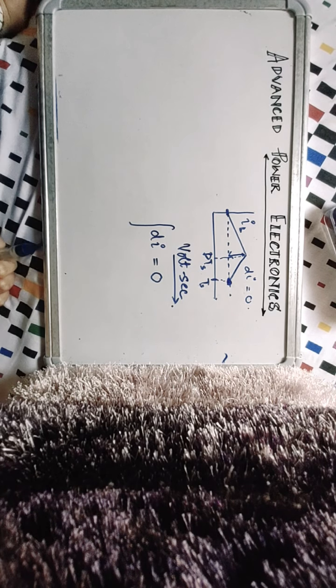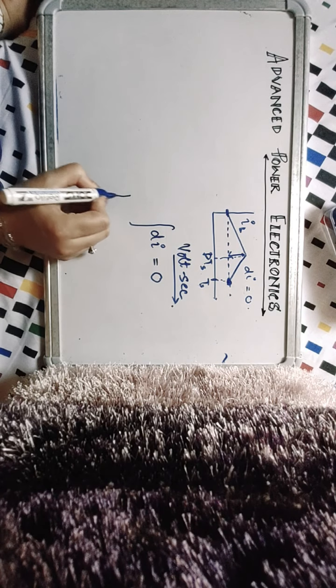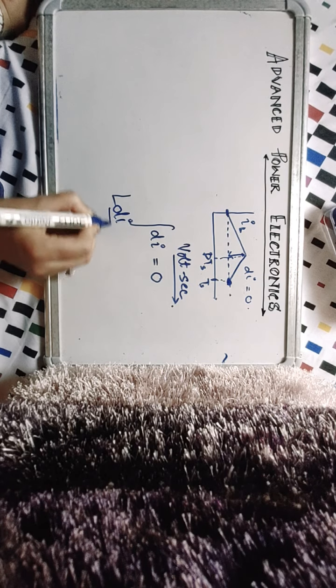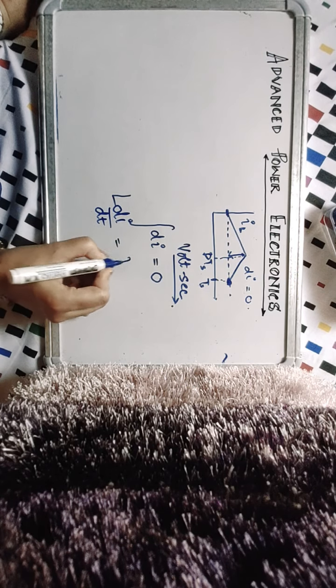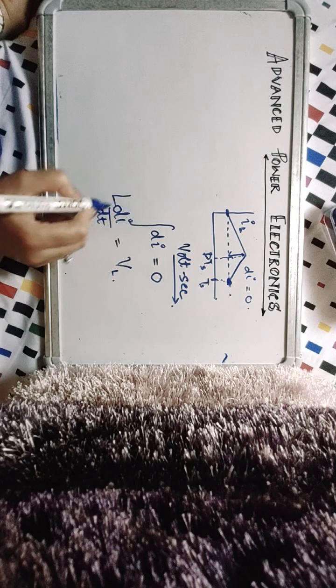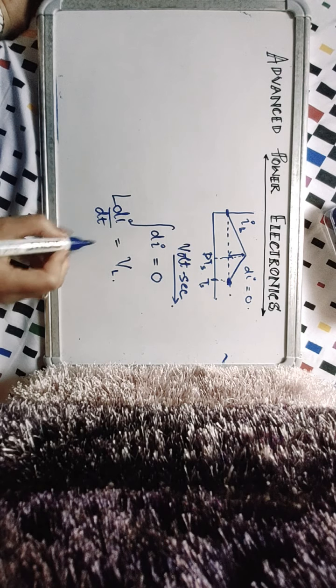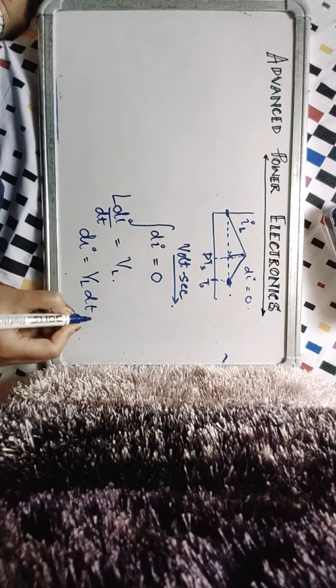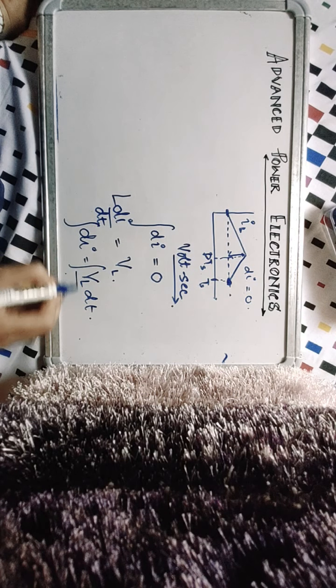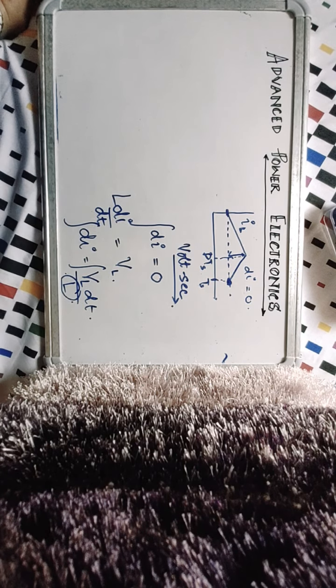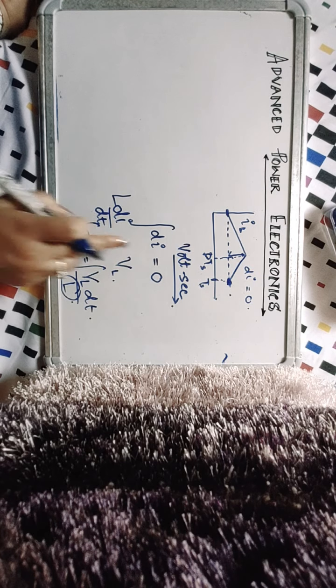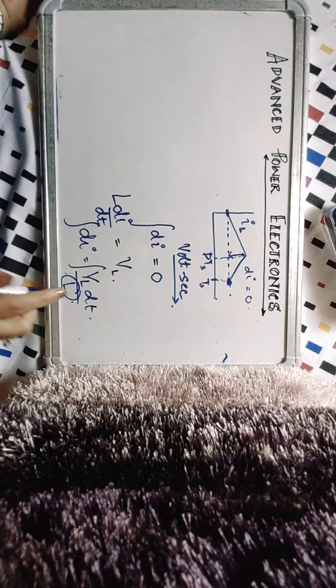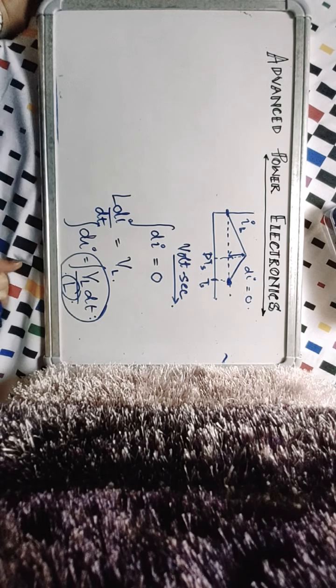Okay. So now for an inductor, L di/dt is equal to VL. And if I want to integrate this, di will be the integral of VL dt upon L. Obviously L remains constant, so you can neglect it, which means that di equal to 0 is essentially volt-second equal to 0.